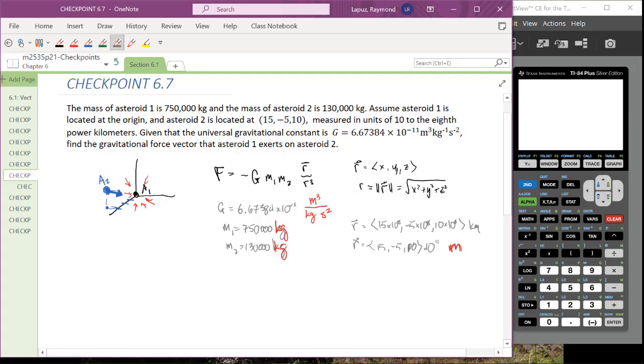Okay, so that is the R, and now let's take a look at what R cubed is going to offer us.